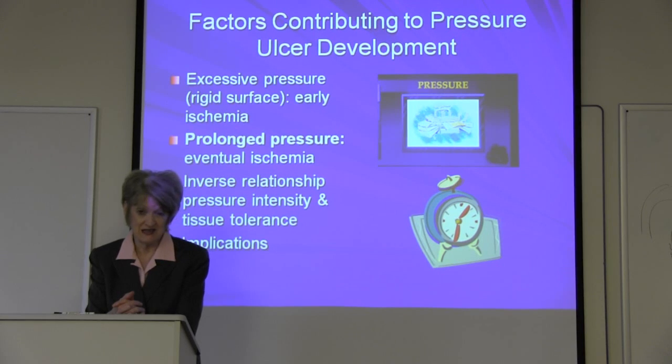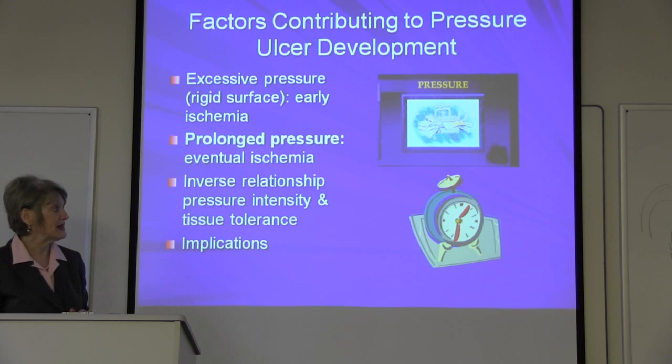Will the tissues exhaust the supply of oxygen? Will they become progressively hypoxic because they're not getting enough oxygen on a moment-to-moment basis? Yes. So if you put patients on rigid surfaces, they develop ischemia early. If you put them on more conformable surfaces, they develop ischemia eventually.